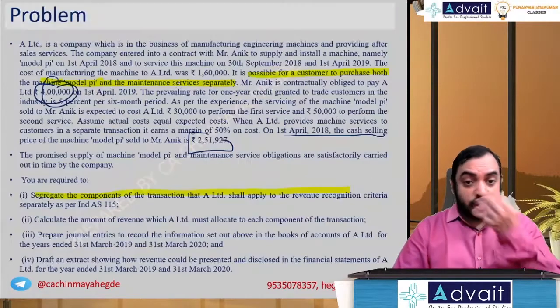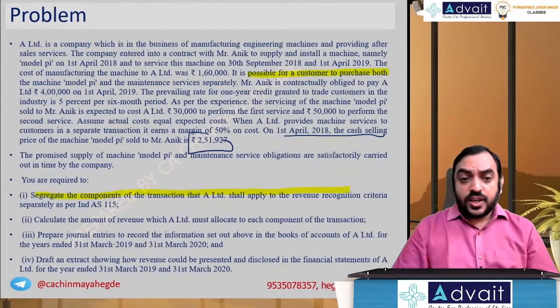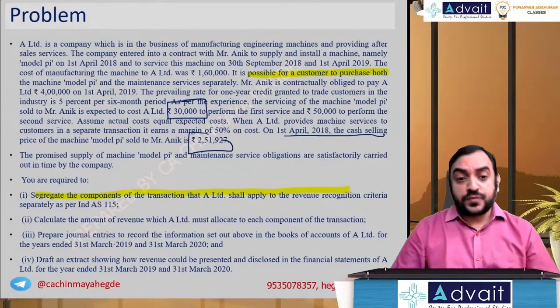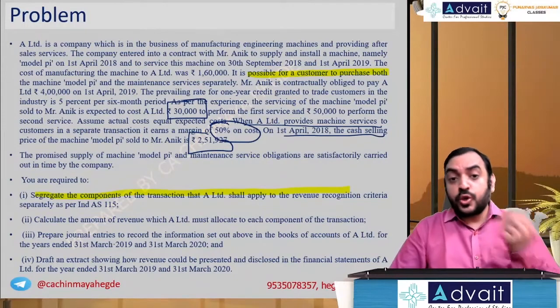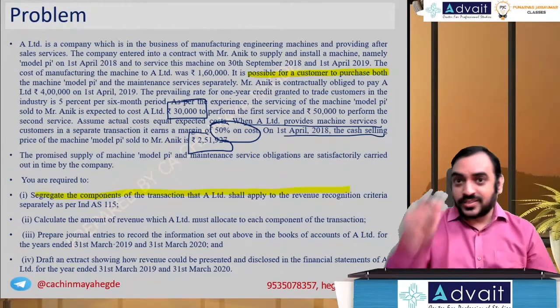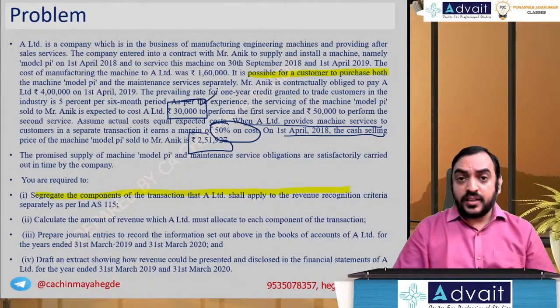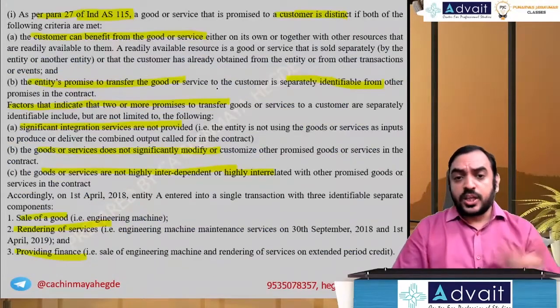For Service 1, they said the expected cost is 30,000, and when A Limited provides the machine service to a customer in a separate transaction, the cost margin is 50%. So if you spend 30,000, you add 50% on cost, the cost plus method.